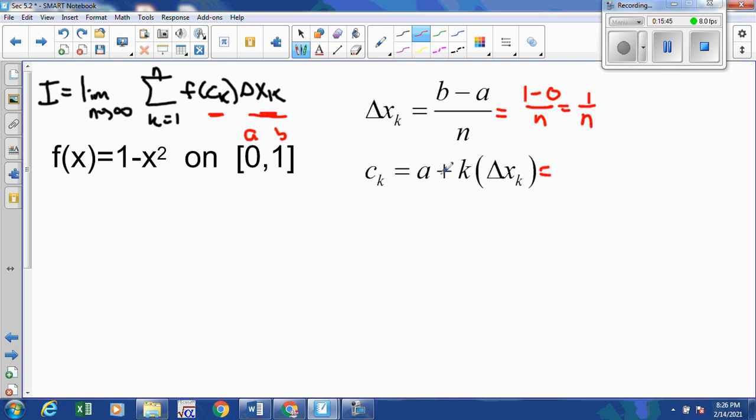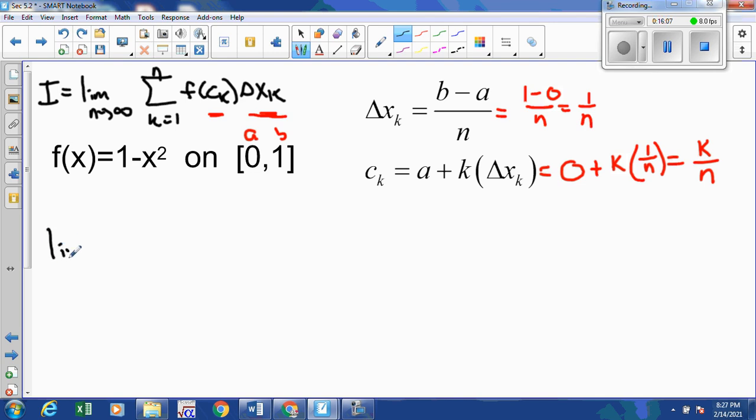Now c sub k: a is 0, so that's 0 plus k delta xk, which is 1 over n, which gives us just k over n. Now we can plug all of this into our definite integral, or the limit of our Riemann sum.